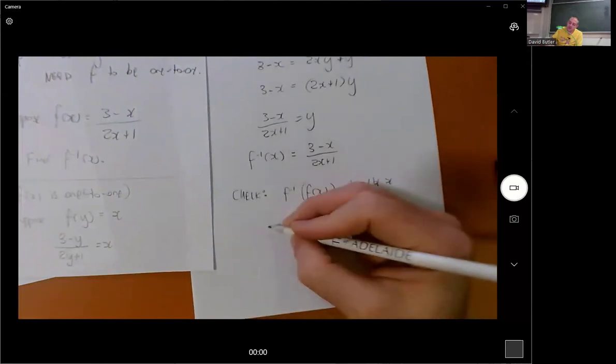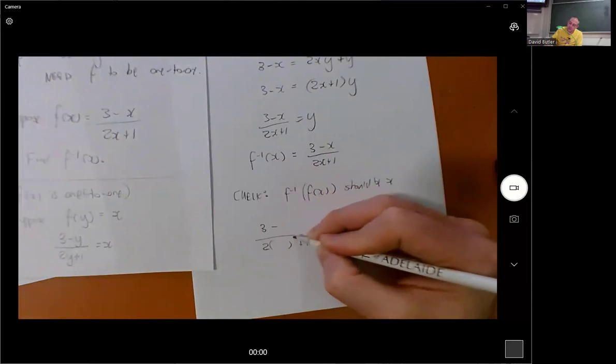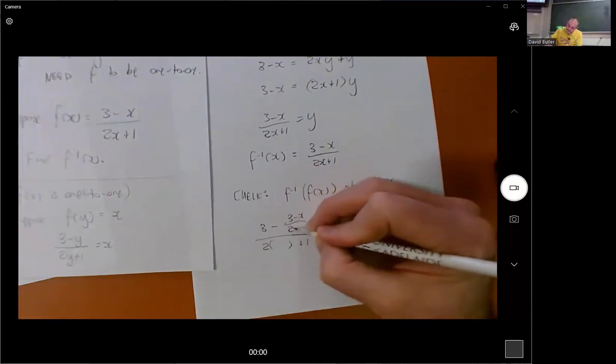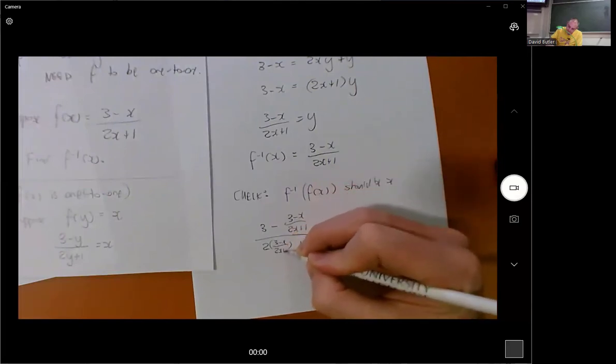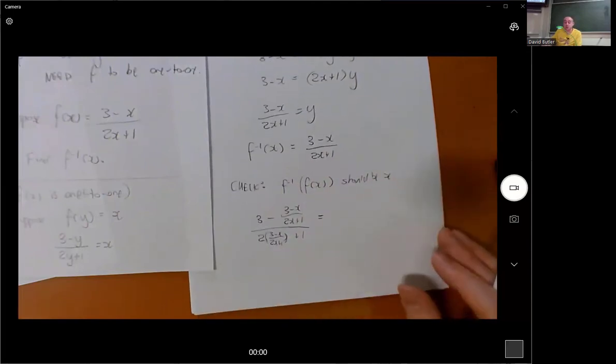So let's see, 3 minus, 2 plus 1, and then I put in that spot f of x. This should work out to be just the original x I thought of.